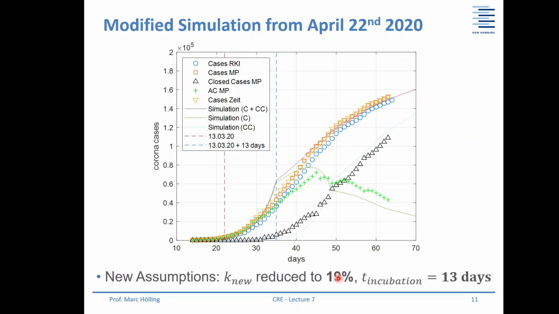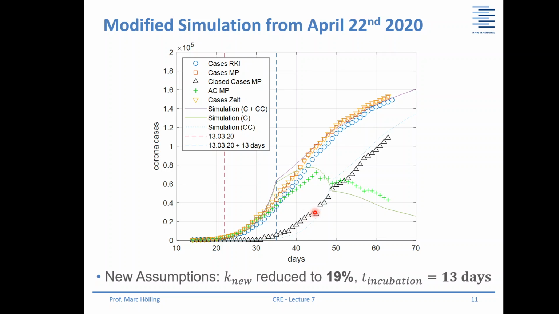So it's not 10%, but 19%. And I changed my incubation period to 13 days. So now you can see it's written here plus 13 days. And then you can see that my cases from the various sources are now fitting quite well to the simulation.